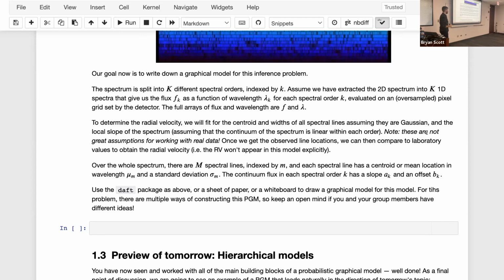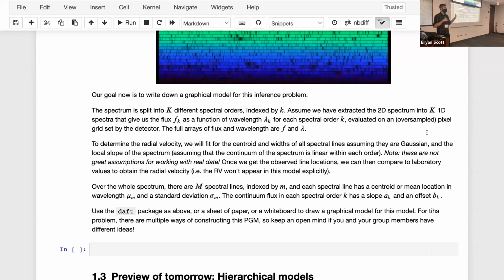Good. Let's look at one example of this graphical model, and then we can talk about the different aspects of it. Let me look at the words for a second. Actually, a lot of them are looking pretty good. So good job.